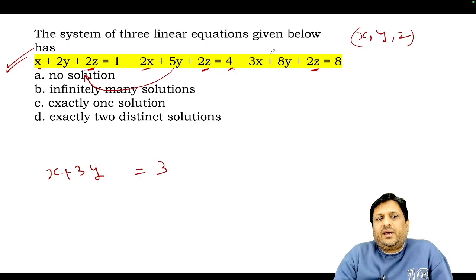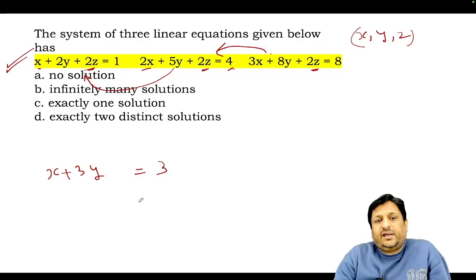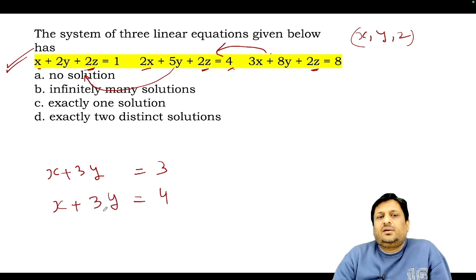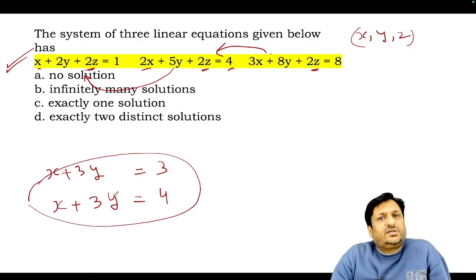And if I subtract, let's say, the second equation from the third equation, the right hand side I am going to get is 4, since 8 minus 4 is 4. 3x minus x will be x, and 8y minus 5y is going to be 3y. So I can easily see these two equations are inconsistent with each other. Why?